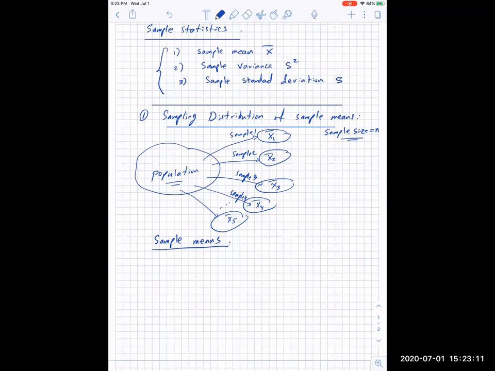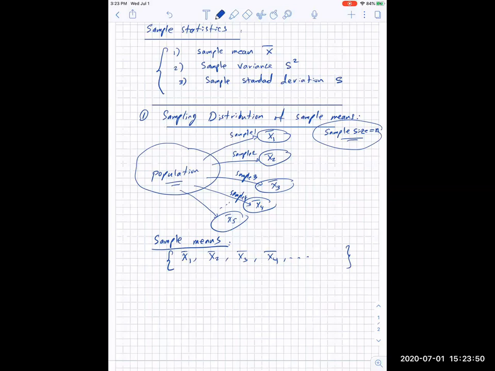We take each and every sample, all of the same size, same number of values. We calculate the sample means. Now we have a set of sample means, x1 bar, x2 bar, x3 bar, and so on. Sometimes the set might have like 100, 200 samples. So a large set of sample means.